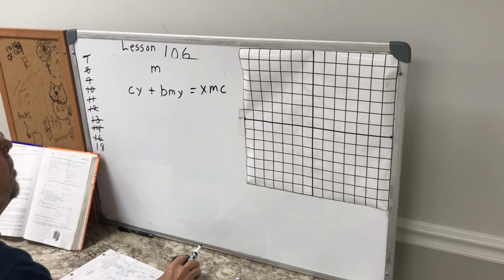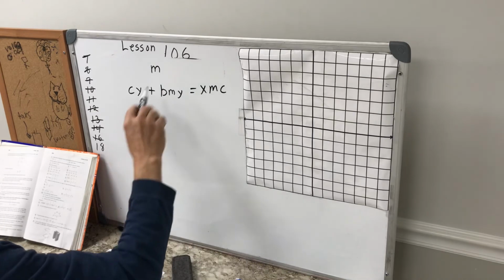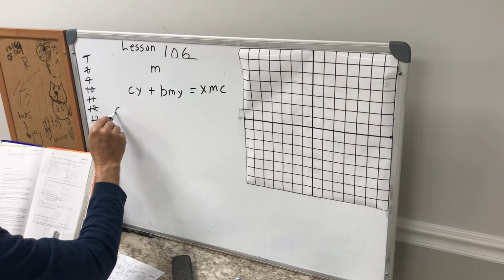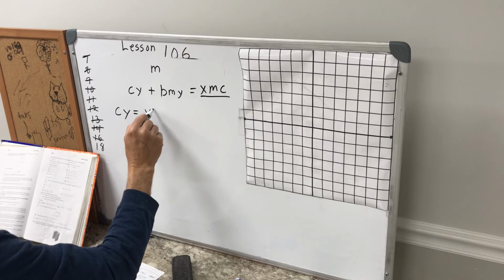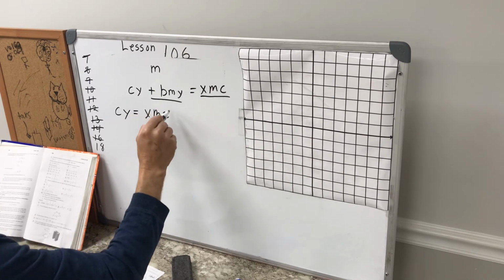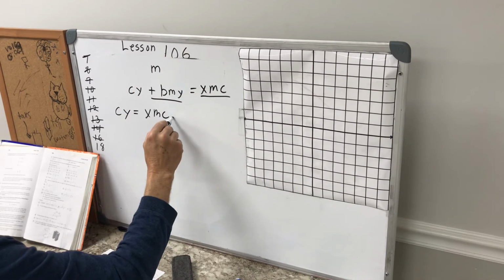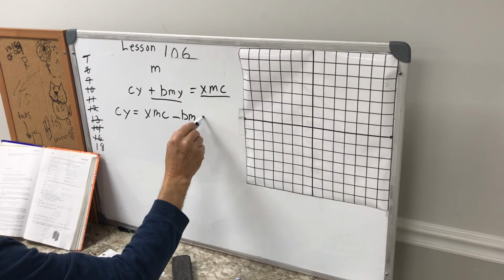Solving for M, get them all on the same side. I'll rewrite it. CY equals XMC. Put that on the other side. It's going to be a negative BMY.